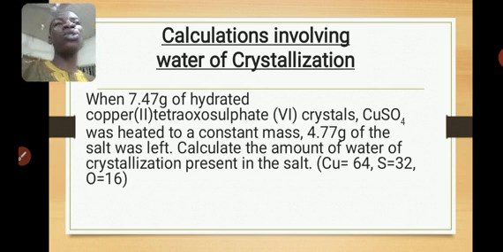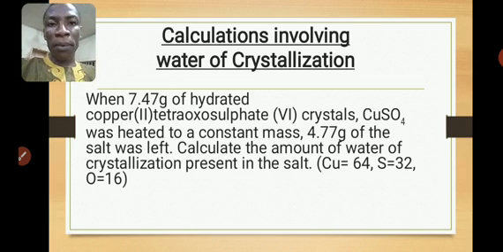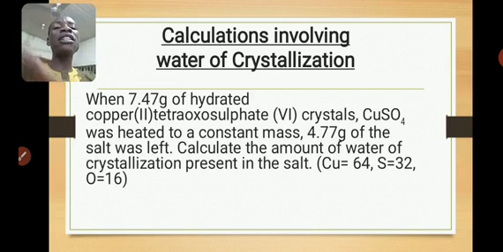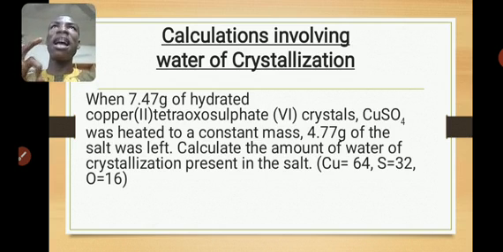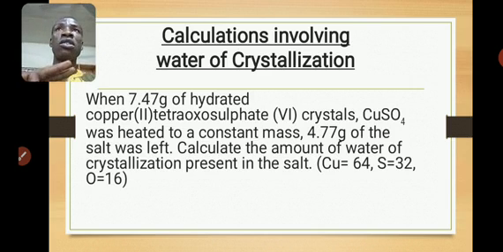Now, before I actually come to calculations, I want you to note something. Water molecules normally add shape and color to hydrated salts. Generally, all hydrated salts are crystalline. They have a particular shape, and it is from water molecules that you get that shape. Don't forget that. That is why if you heat a hydrated salt, it will lose all those water molecules. As it's losing the water molecules, it will lose its shape.